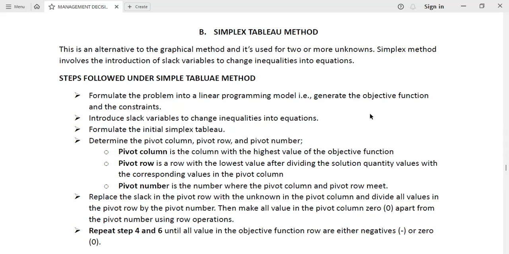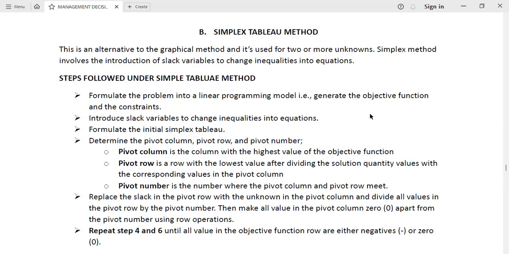It is that first table which doesn't involve computations. We just pick the figures the way they have been arranged in the linear programming model, and we insert them in our table. We shall see how we do that when we start the practical computations.